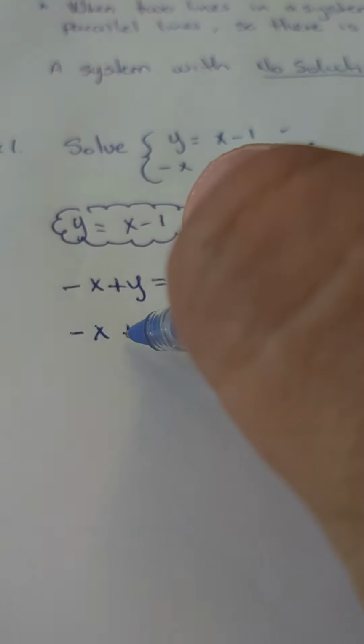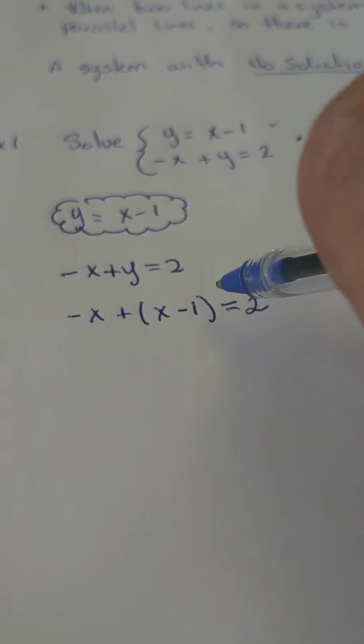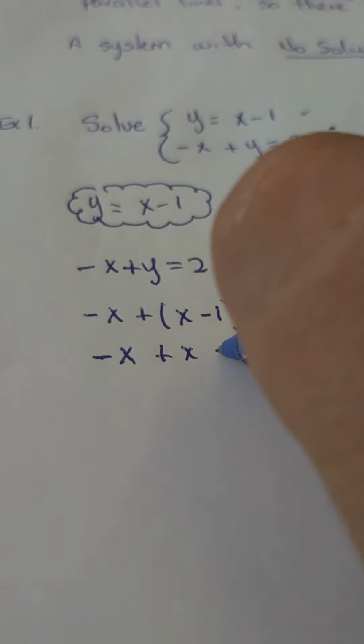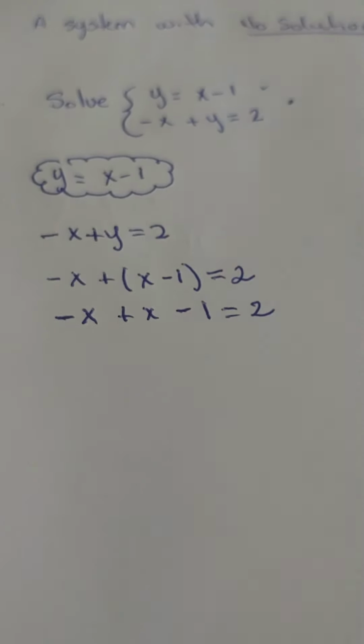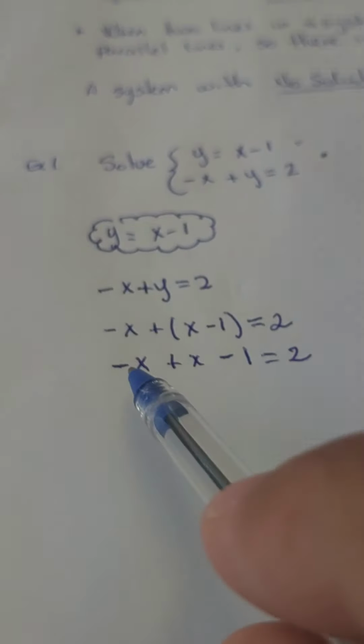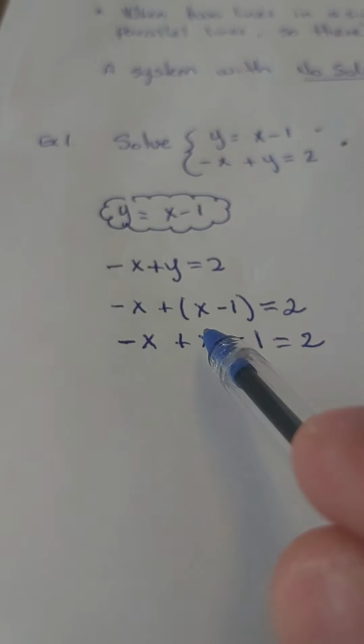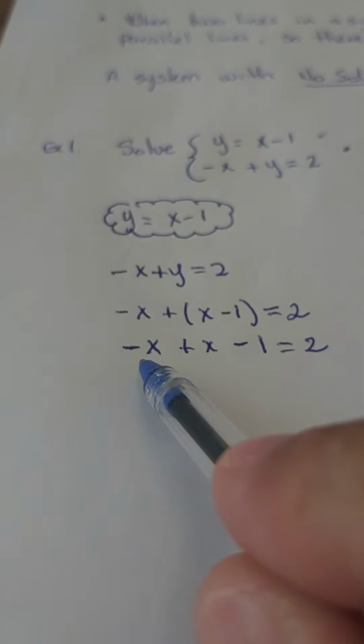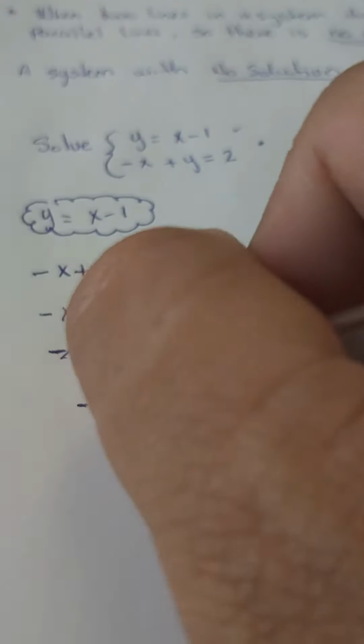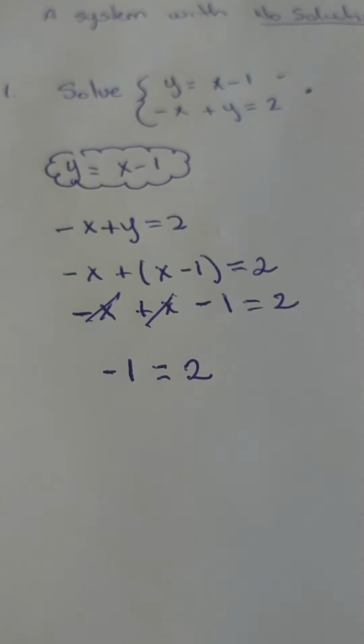Now, since this is an addition, we're going to suppress the parentheses. So we get negative x plus x minus 1 equals 2. Notice, negative x plus x, we cancel them. Now we get that negative 1 equals 2.